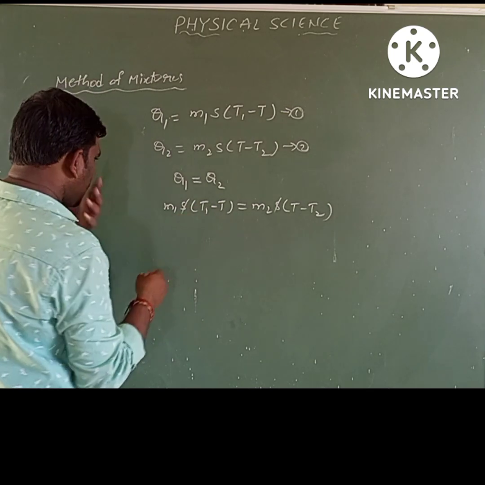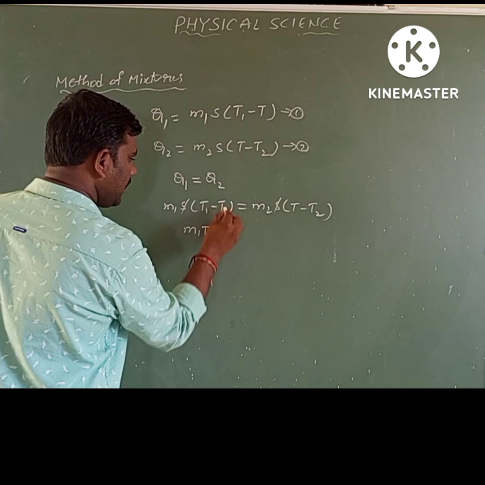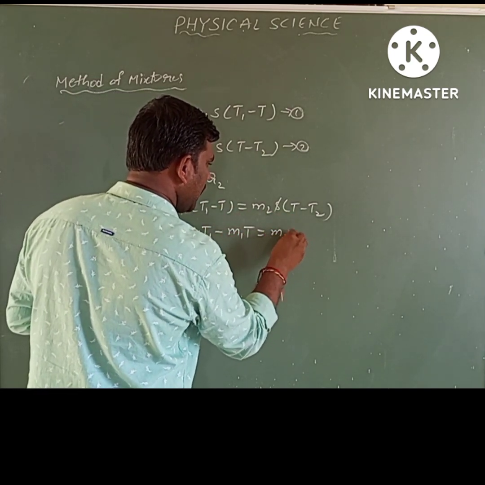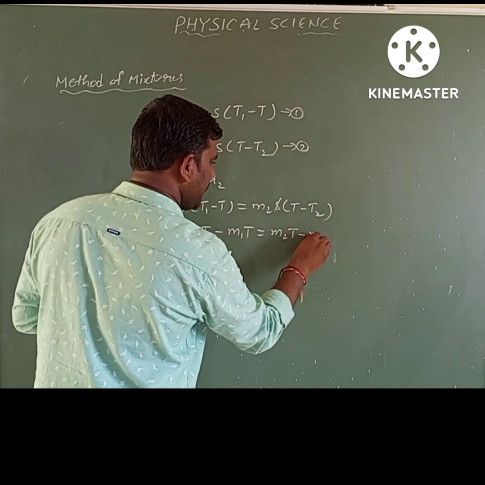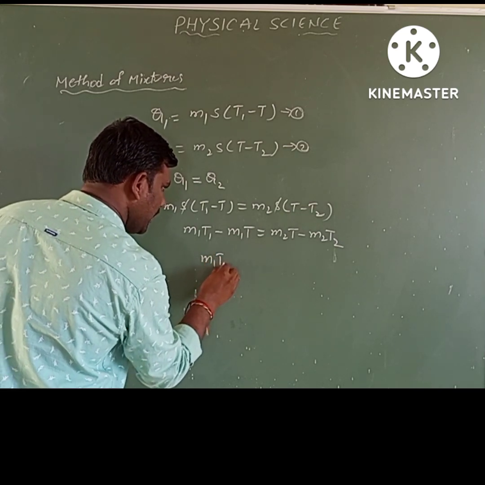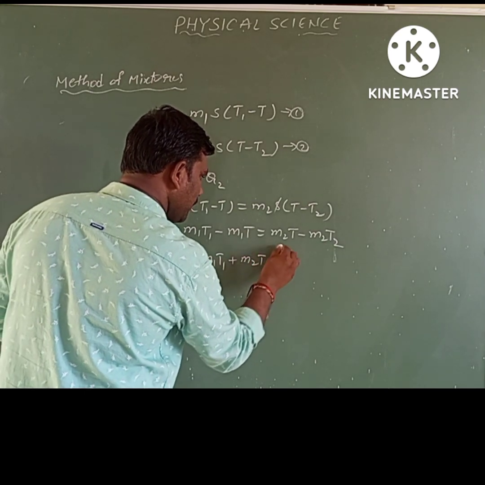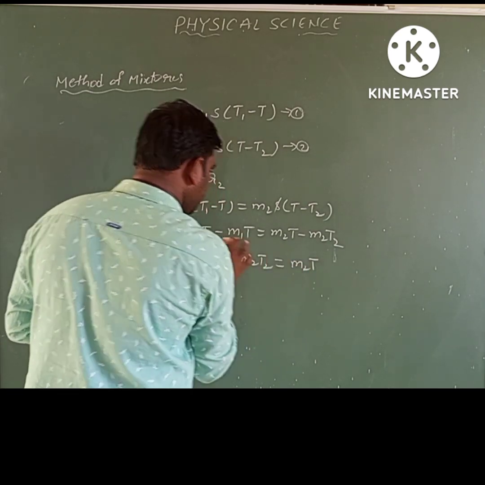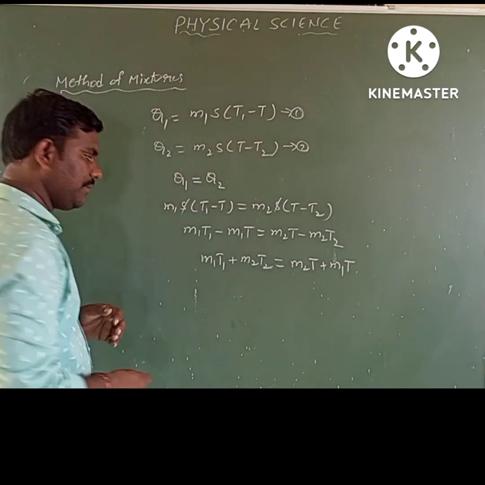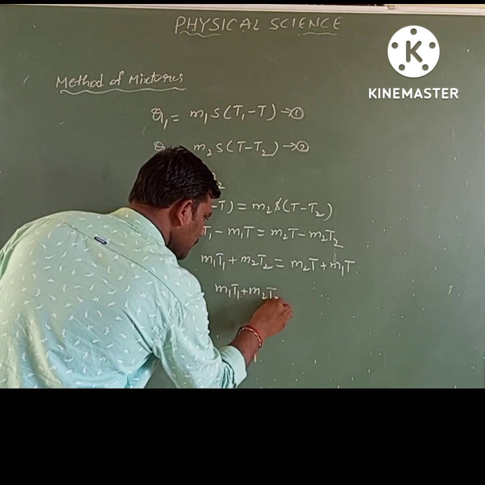Here S cancels, remaining: M1 T1 minus M1 into T is equal to M2 T minus M2 into T2. Then we can take the positive terms M1 T1 plus M2 T2 is equal to M2 T plus M1 T. So you can write M1 T1 plus M2 T2 the same.